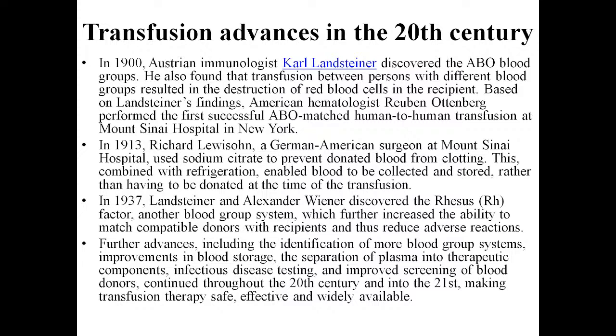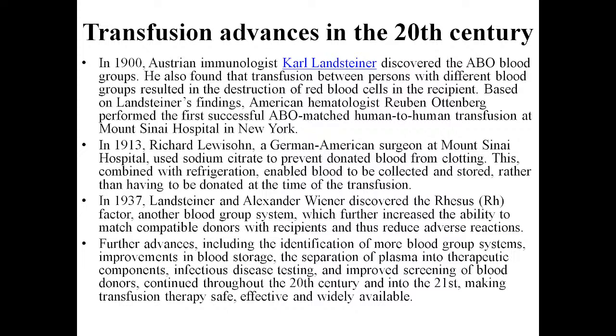He also found that transfusion between persons with different blood groups resulted in the destruction of red blood cells in the recipient. Based on Landsteiner's findings, the American hematologist Reuben Ottenberg performed the first successful blood-group-matched human-to-human transfusion at Mount Sinai Hospital in New York.